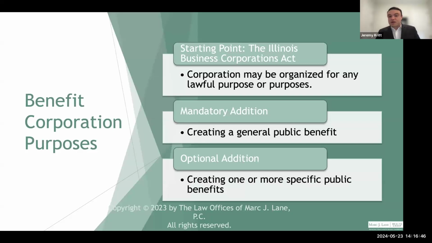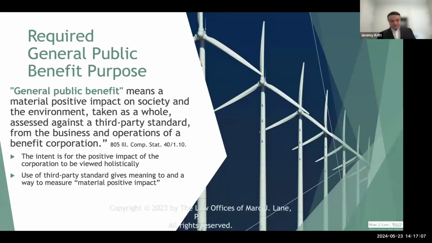So again, the starting point is always the Illinois Business Corporation Act, just traditional corporate law. Corporations can be organized for any lawful purpose. Benefit corporations must create a general public benefit and may also create one or more specific public benefits.